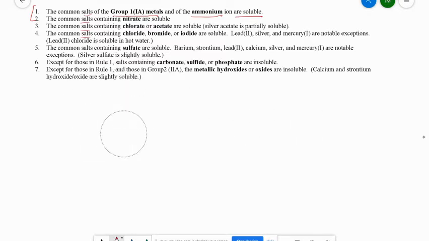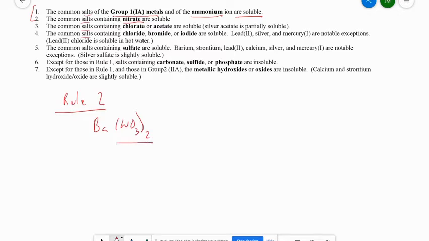So let's take a look at rule 2. The common salts containing nitrates are soluble. So nitrate's an anion. So we'd look at the back half of the ionic compound to determine if it was soluble. Some examples of this: barium nitrate.